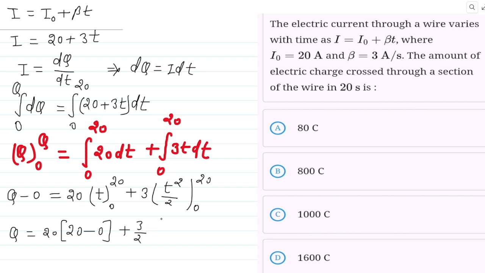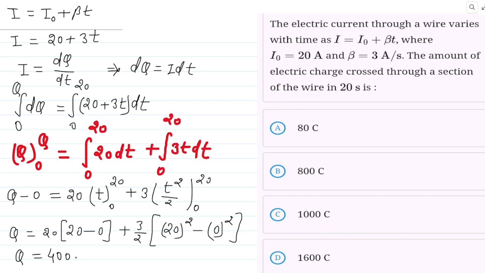In the second term we wrote 2 as a constant, and again we have to put the limit. So it will be 20 square, minus 0 square. Then on solving, we get 20 minus 0, so it is 20, and 20 into 20, so we get 400.